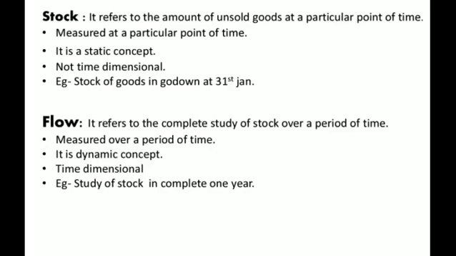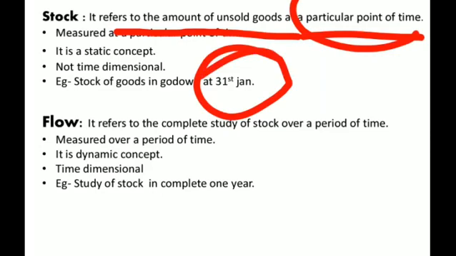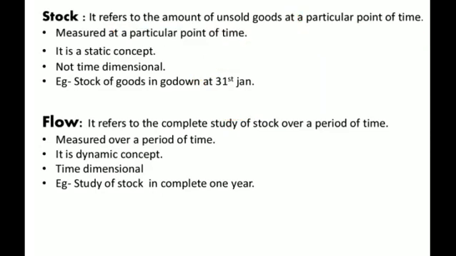So it refers to the amount of unsold goods at a particular point of time. A particular point of time means at one time, it might be 8 p.m. or 8 o'clock in the morning, 12 noon, or a particular day like 31st Jan. So whenever we say stock, it means unsold goods at a particular point of time, not before that and not after that, at one particular time.